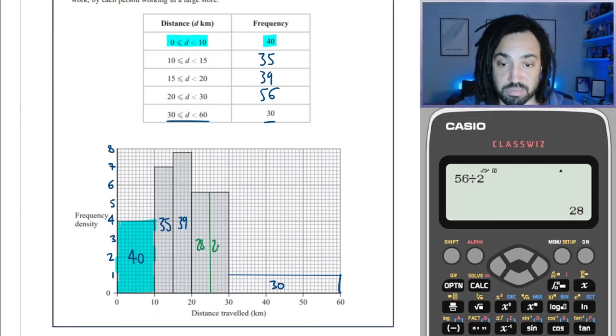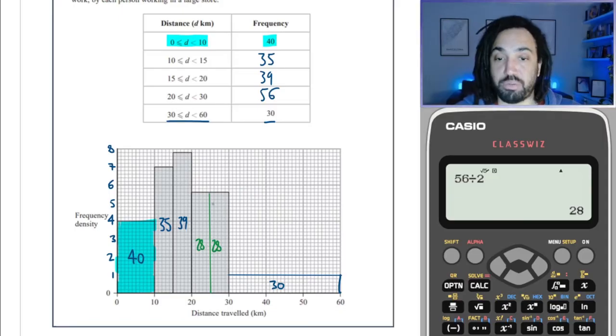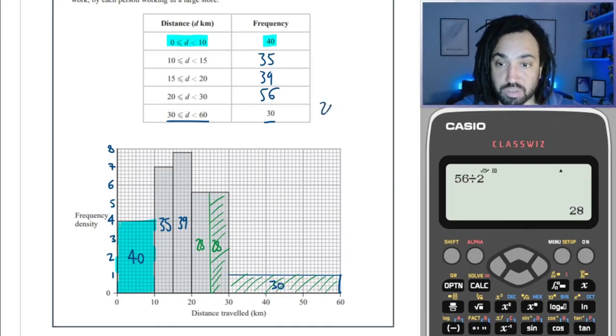Now we are looking at all the people greater than 25, so we want this one and we want this one as well. So that's everyone to the right, greater than 25. So therefore, overall, there are 28 plus 30 people in that category.